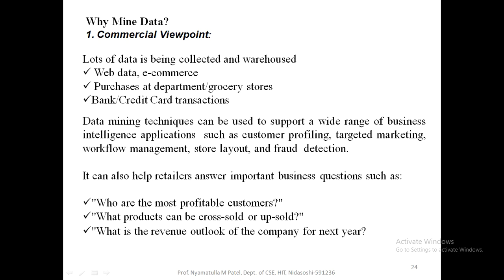You might have observed on Flipkart and Amazon, if you use an HDFC card or an Axis Bank card, you will get 5% off, 10% off. It is all the business point of view. For all these reasons, a lot of data is being collected from these different sources and it is warehoused.